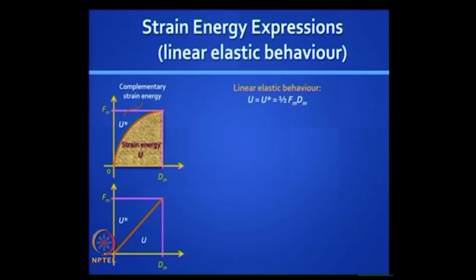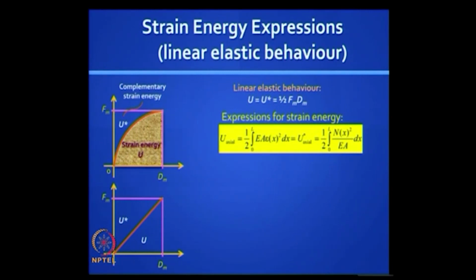The beauty in linear elastic behavior is these two terms are interchangeable. U is equal to u star is equal to half the maximum force times the displacement, and what we need in structural analysis is how to compute strain energy and complementary strain energy in beams and frames and trusses and torsional members and so on.